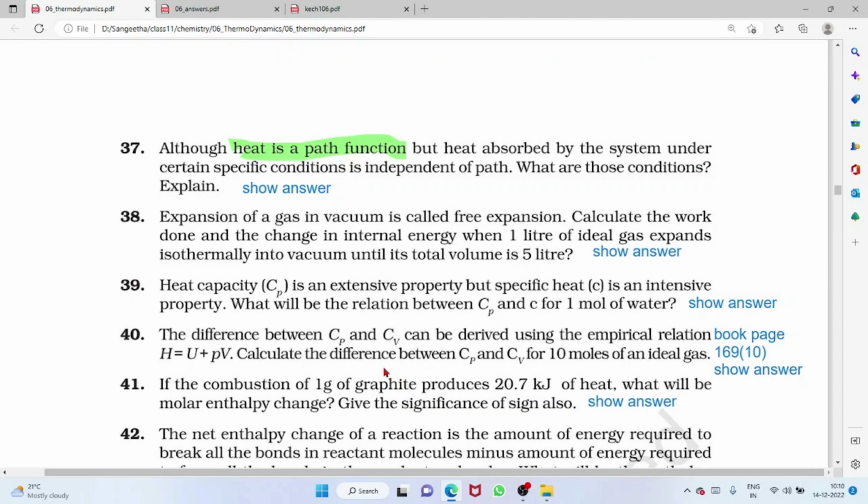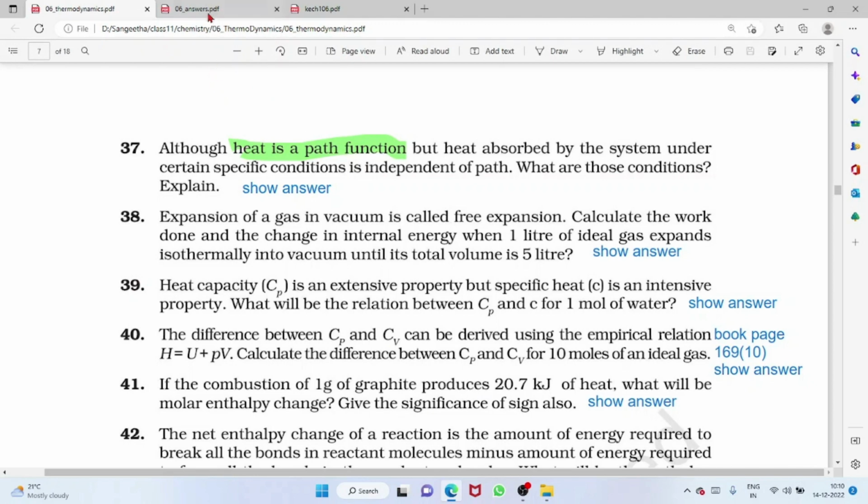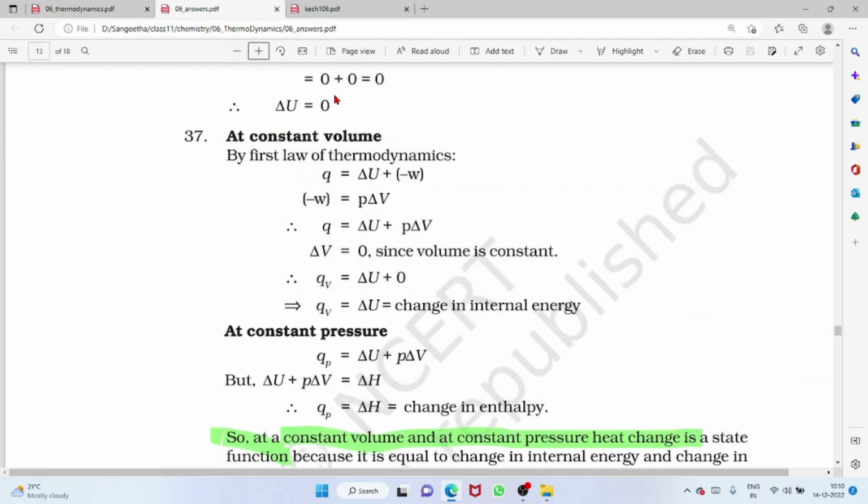Question number 37. Although heat is a path function, heat absorbed by the system under certain specific conditions is independent of the path. What are those conditions? See, at constant volume, the heat is equal to the change in internal energy.